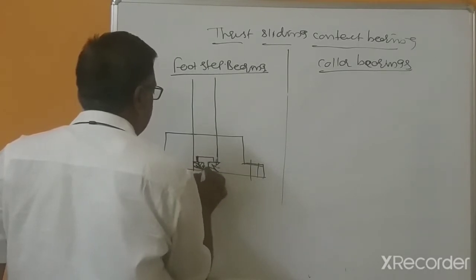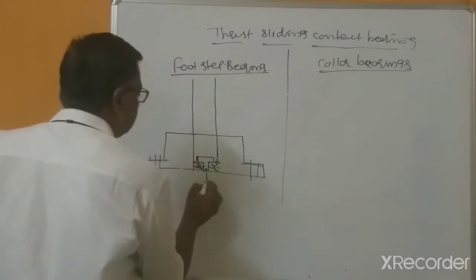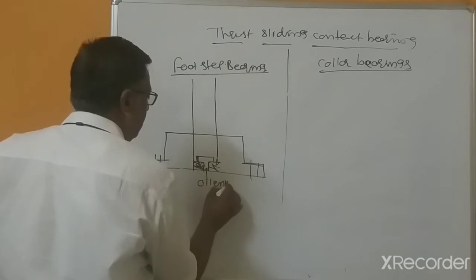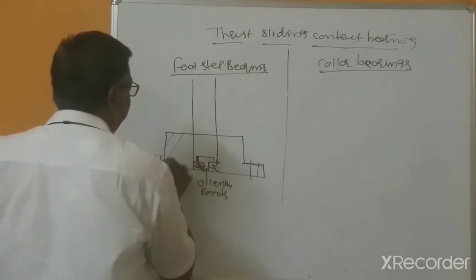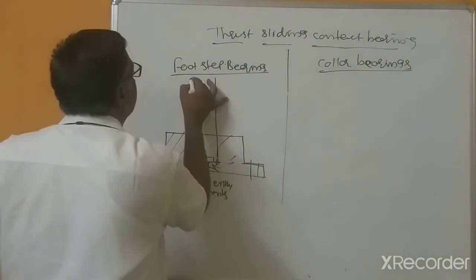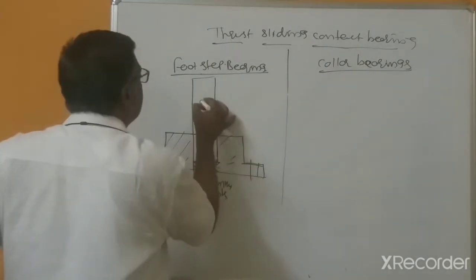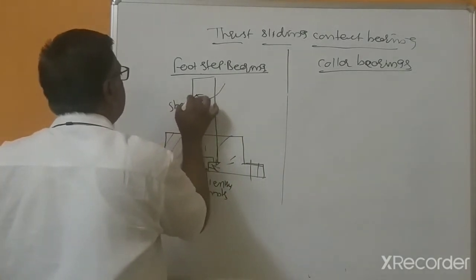This is the races. This is the oil entry point. This is the shaft.